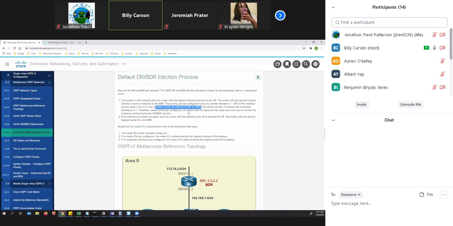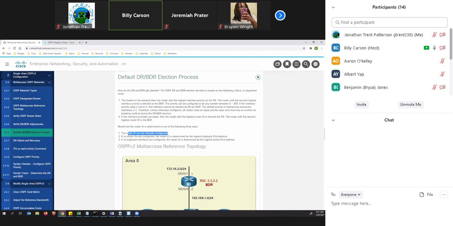I'm just going to be a DROther. Okay. So it won't participate and it becomes a DROther. The default priority on multicast is 1. So we mentioned that. And then if you want to assign one based off of priority, you give it a number between 1 to 255. Okay.